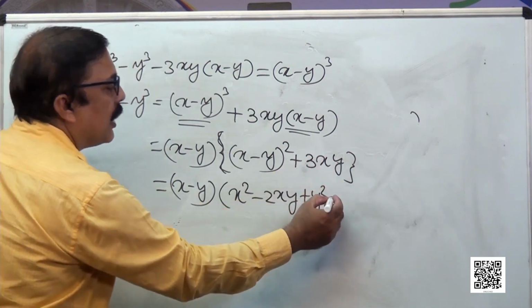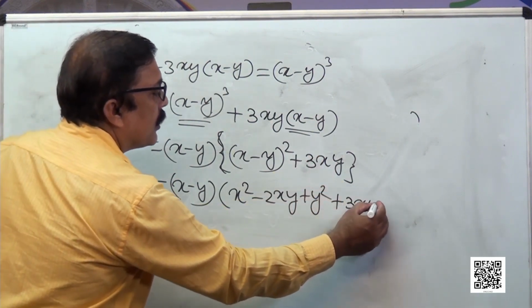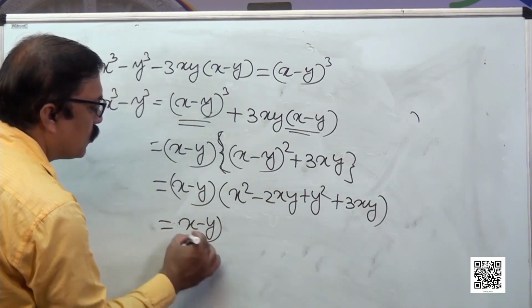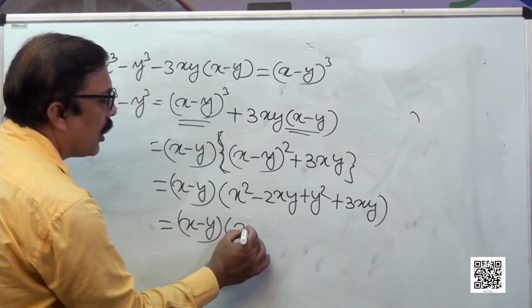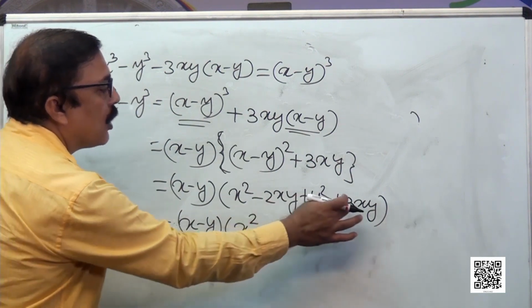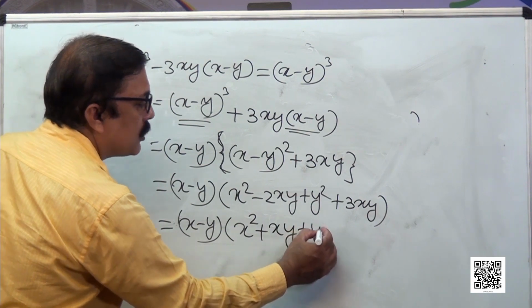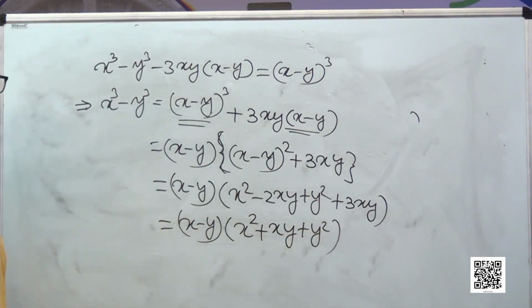Now write plus 3xy. So what is the result? X minus y into x square minus 2xy plus 3xy gives plus xy plus y square. So the factors of x cube minus y cube are x minus y and x square plus xy plus y square.